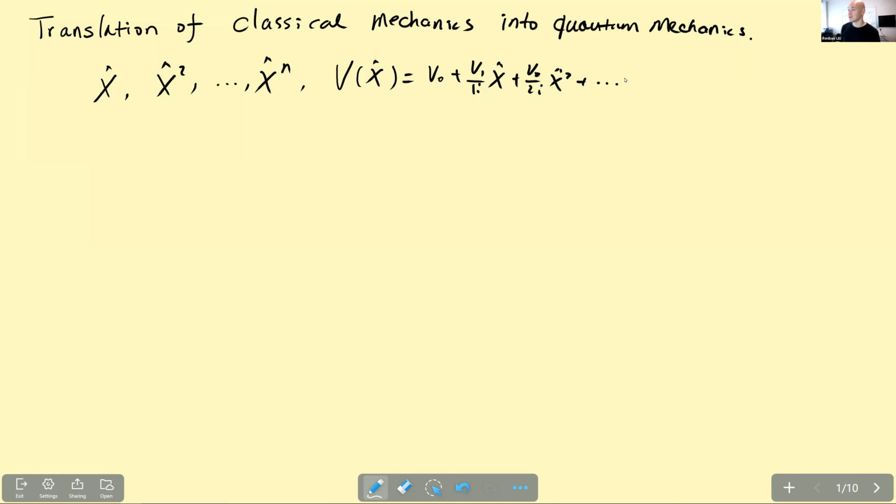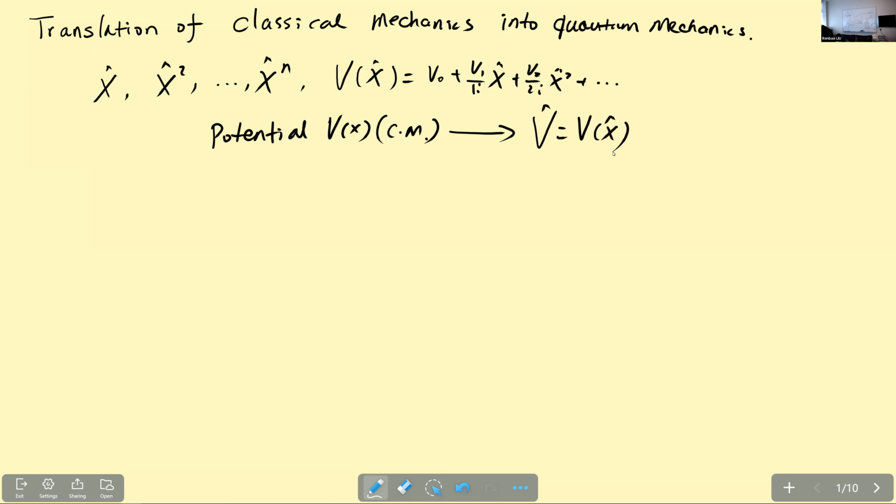So this way you can translate the potential V(x) in classical mechanics to an operator in quantum mechanics.